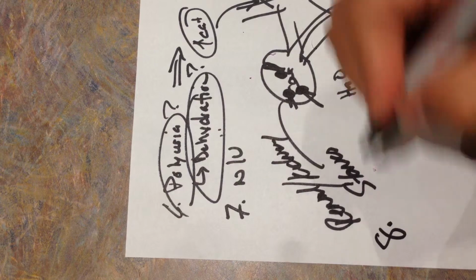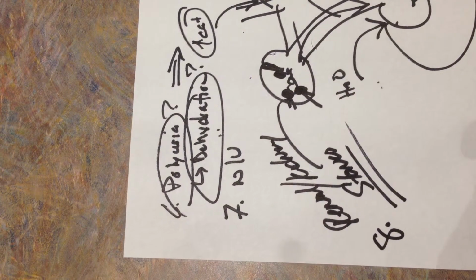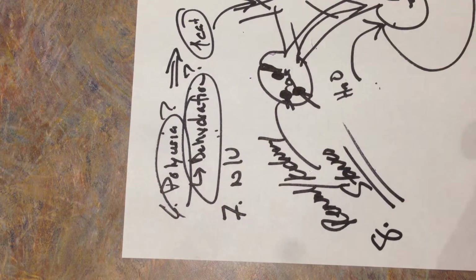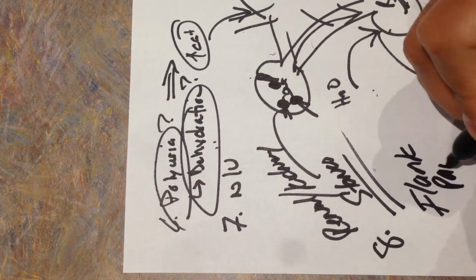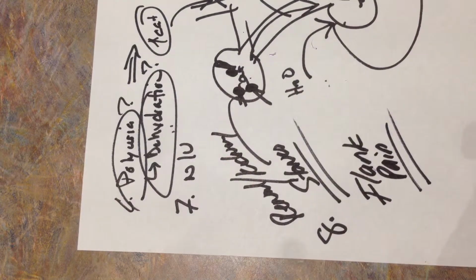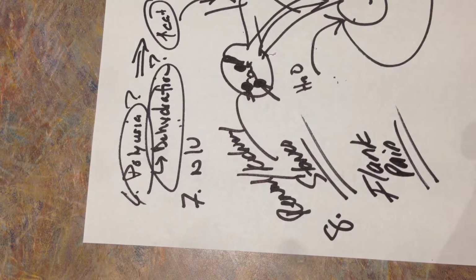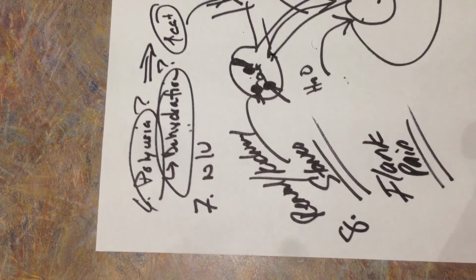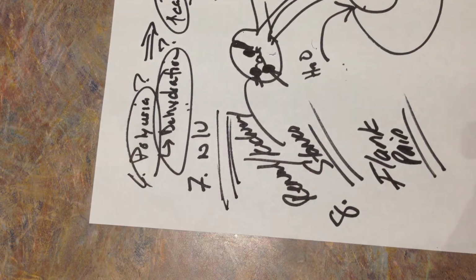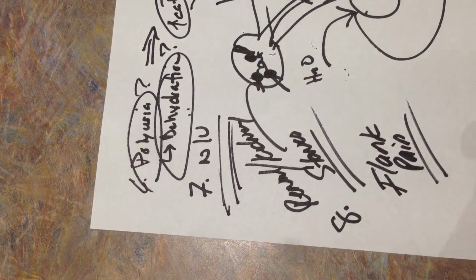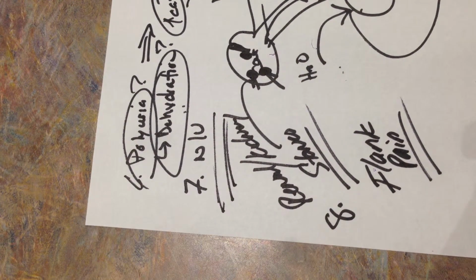So that would be number 8, kidney stones. Now, if they are suffering from kidney stones, they will have flank pain. But that's a different story. Okay, so please understand the concept again. Last but not least, nausea, vomiting. But again, understand the pathology behind calcium.